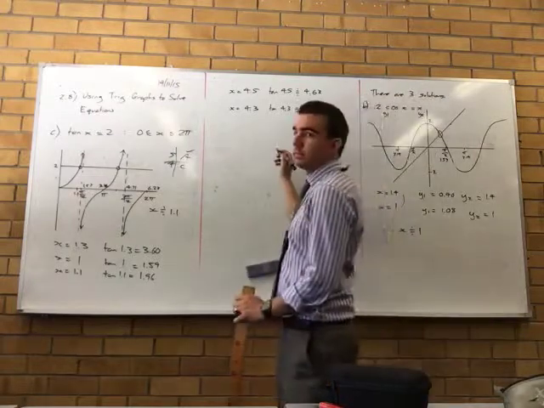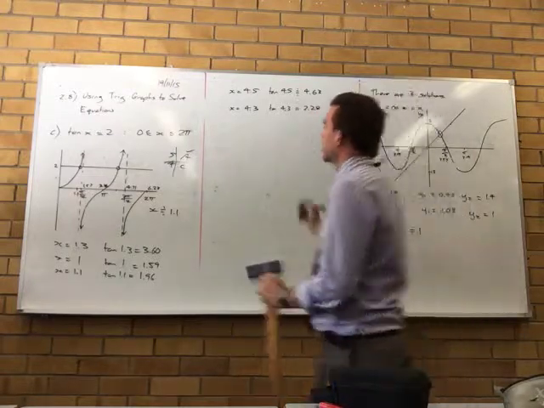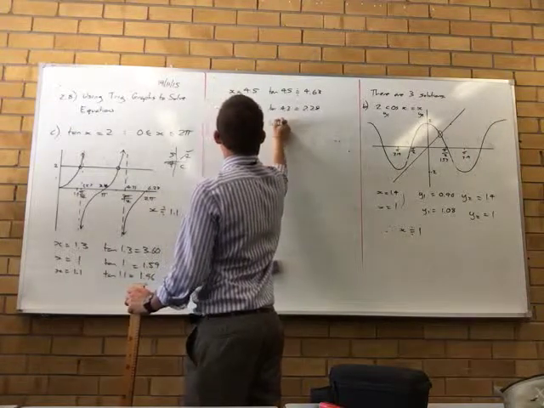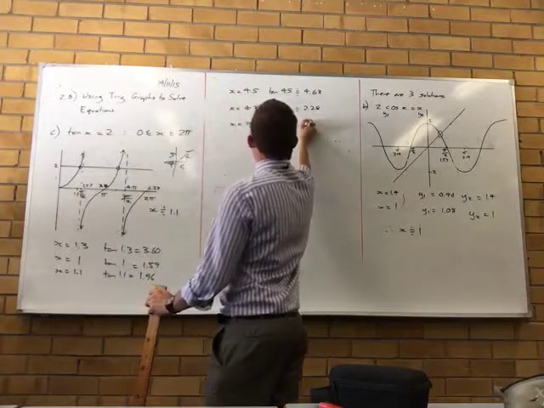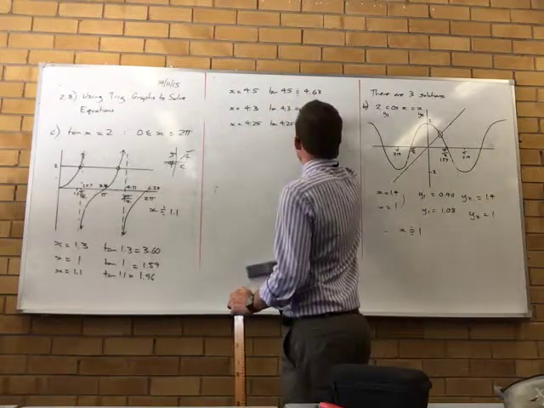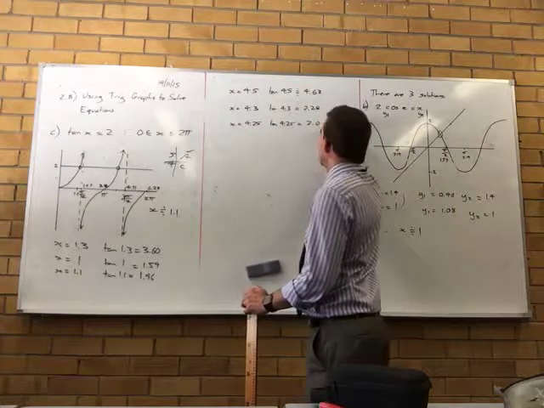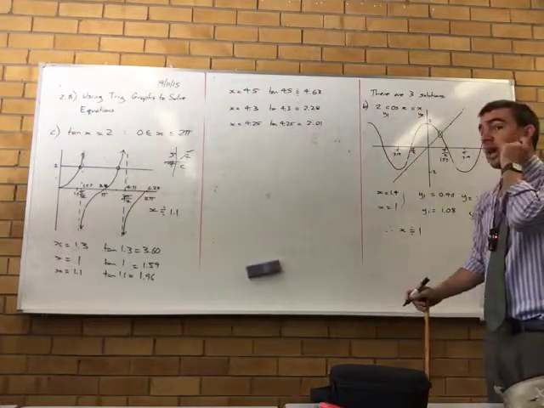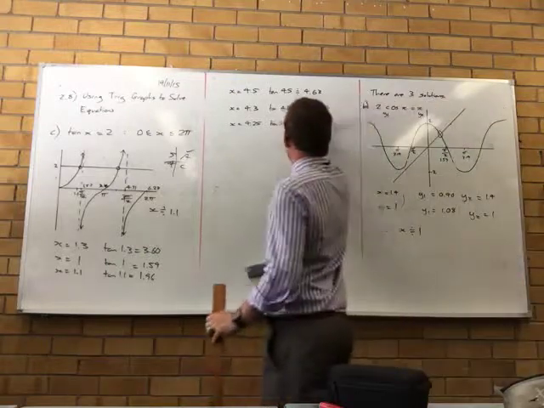Tan 4.25 is what, sorry? 2.006. So we're pretty close there, aren't we? 0.01 off is a very good estimation.